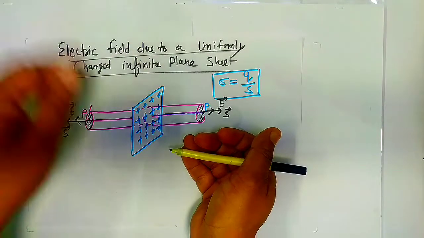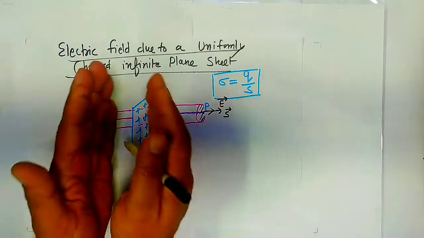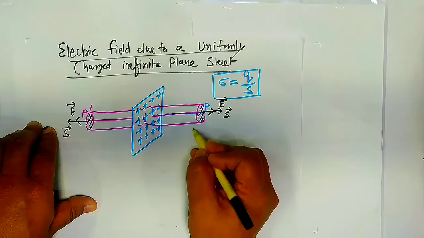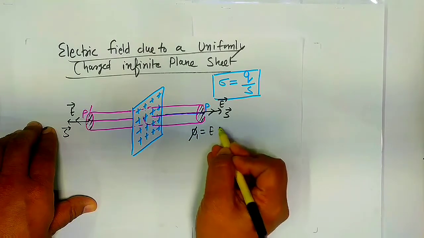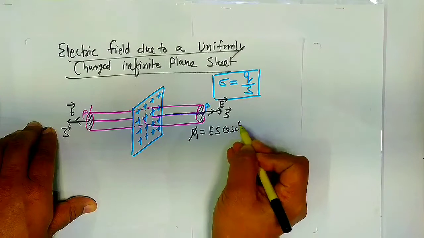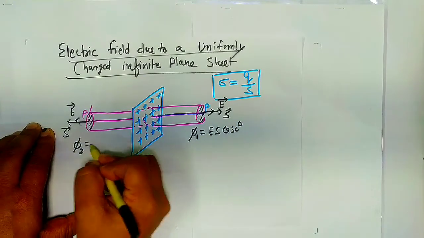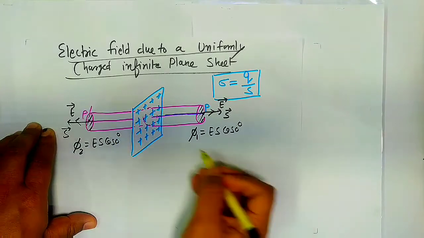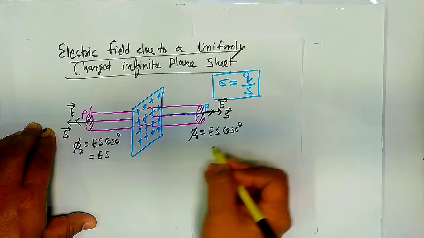It will not go up and down, but will be perpendicular to the surface of the charge sheet. So flux phi 1 from here will be ES cos 0, and cos 0 is 1, so it is ES. The flux from the other side is also ES.